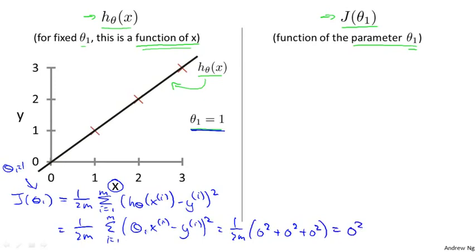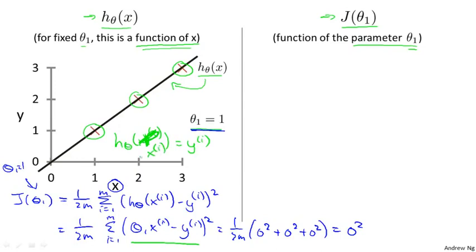Now, inside the cost function, each of these terms here is equal to 0 because, for the specific training set I have, where my 3 training examples are at (1, 1), (2, 2), (3, 3), if theta 1 is equal to 1, then h of xi is equal to yi exactly.